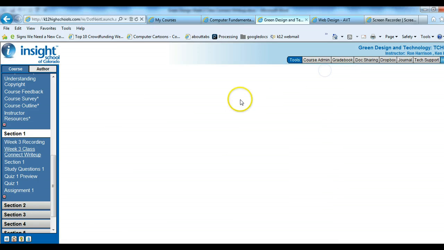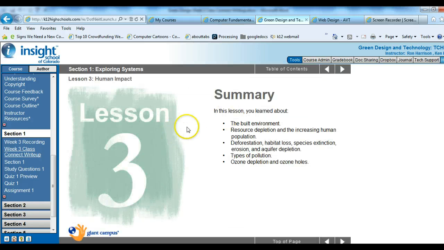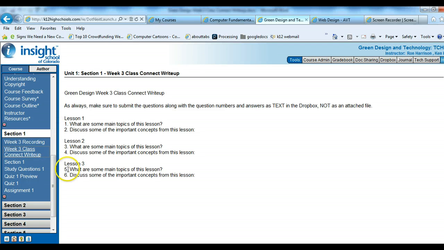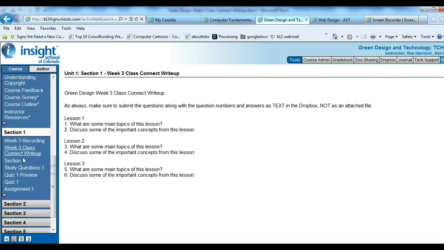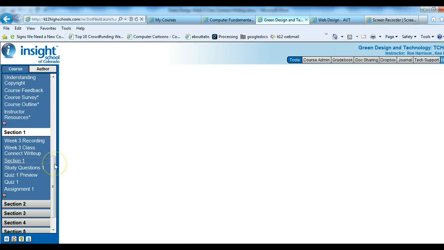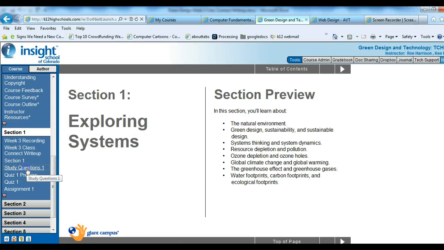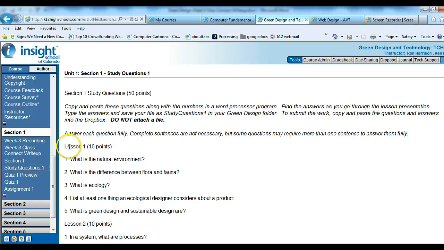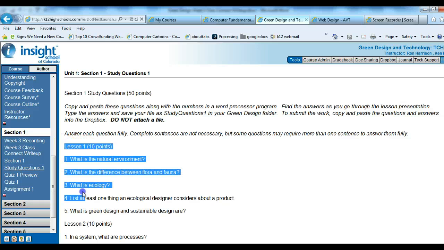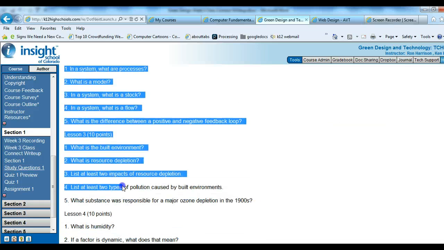And finally, that's the end of lesson 3. So again, go to the Class Connect write-up, and there's your write-up about lesson 3. So that went pretty quickly. You'll go through that section 1 presentation, and you'll answer the study questions for lessons 1, 2, and 3.